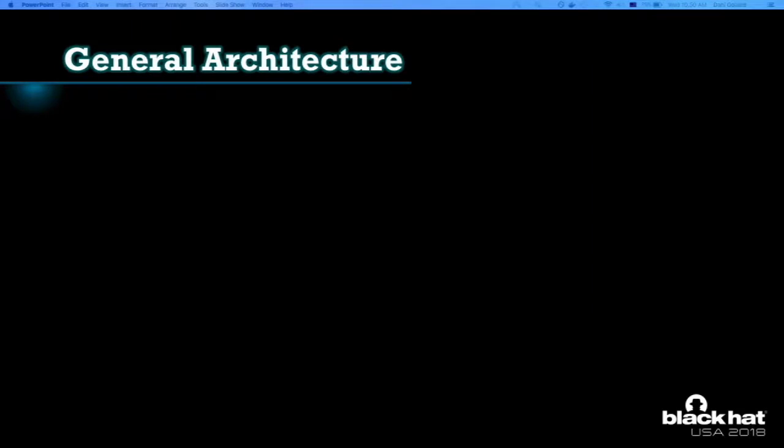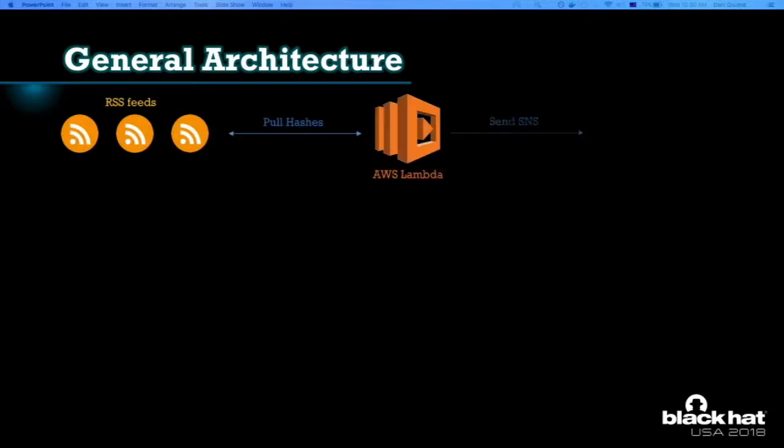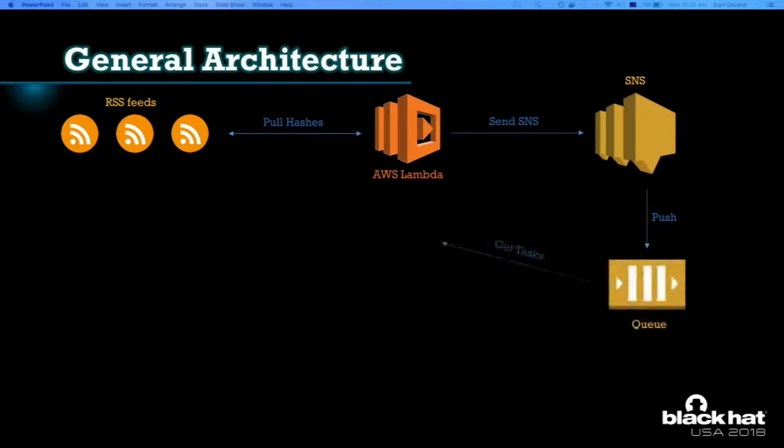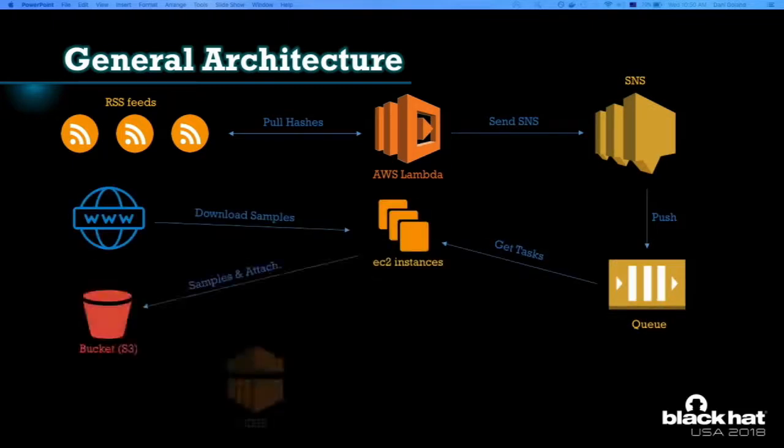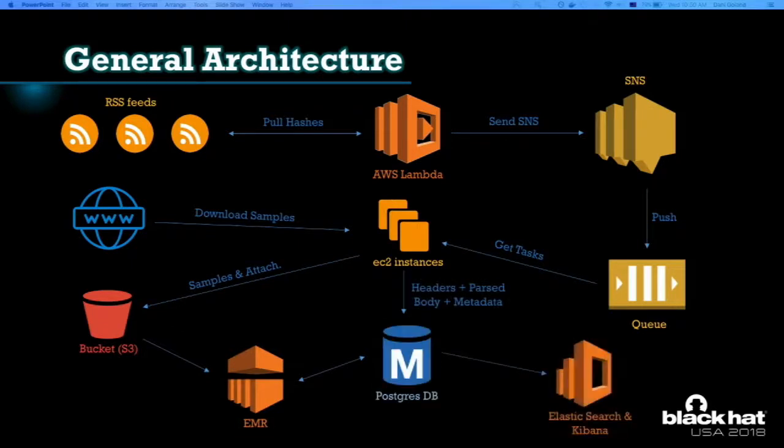Hi, everyone. So I'm Dani. I'll show you around our general architecture and the pipeline to analyze all the data that we use. So we're basically starting from the feeds. We use the Lambda function from AWS to pull the feeds a couple of times a day.